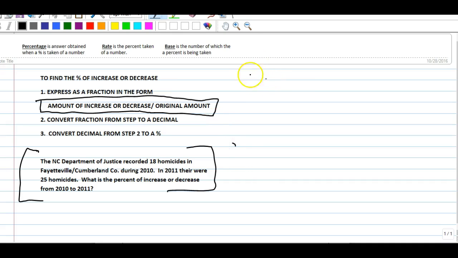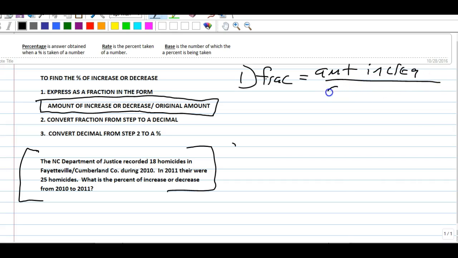This is not quite the same as finding what percent one number is of another, but very similar. We first express our relationship as a fraction in the form of the amount of the increase, as we went from 18 to 25, divided by the original amount.